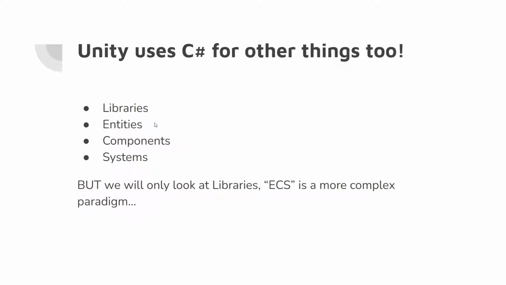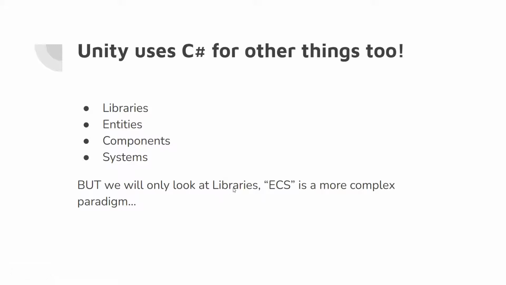There are libraries, there are other types of entities, components, systems. There are other things like scriptable objects. You may create a math library and so on. These are things you can create in C# as well, and there'll be different classes other than components, right?